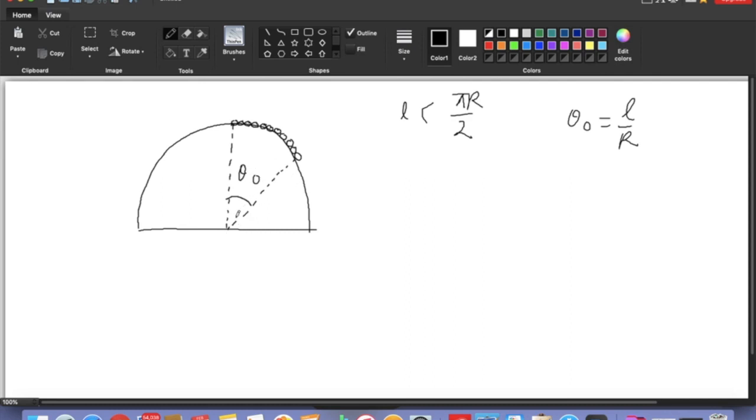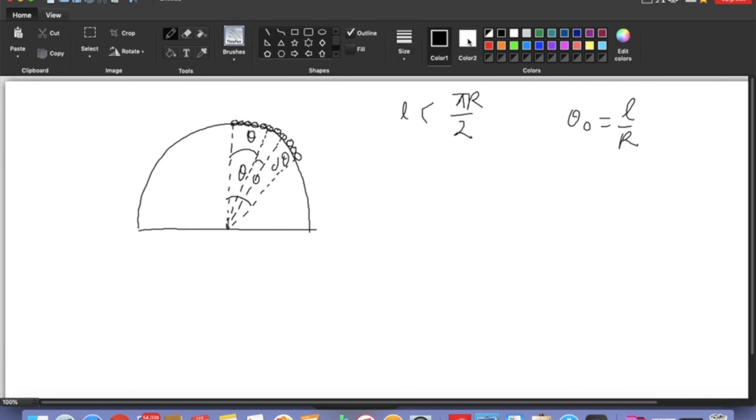Let me consider a very small element of angular width d theta. This small angle is d theta at an angle theta.